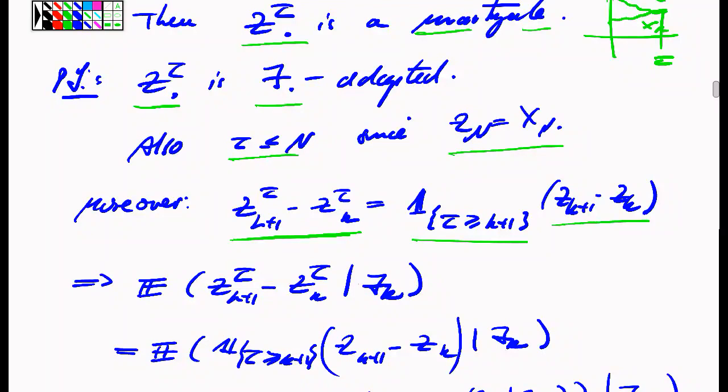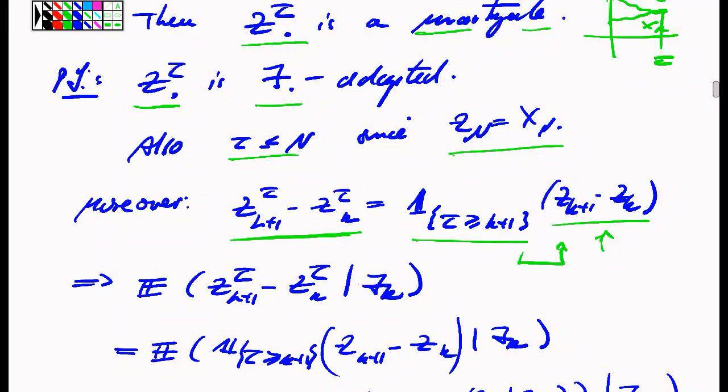But if the stopping has not yet occurred, then this increment is in fact just the increment of the non-stopped process. So either we have no increment because the stopping had kicked in, or we have an increment, and this increment then is the increment of the initial process, simply because the stopping hasn't yet kicked in.